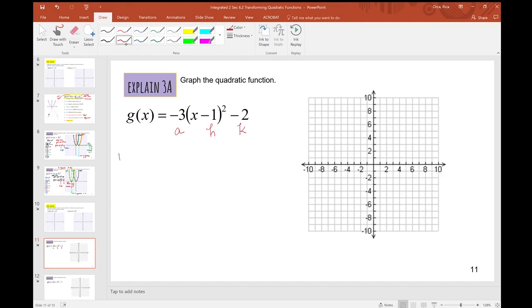Let's identify the vertex. The coordinates of our vertex are h and k. Our h value is 1. You do the opposite, and k we keep.